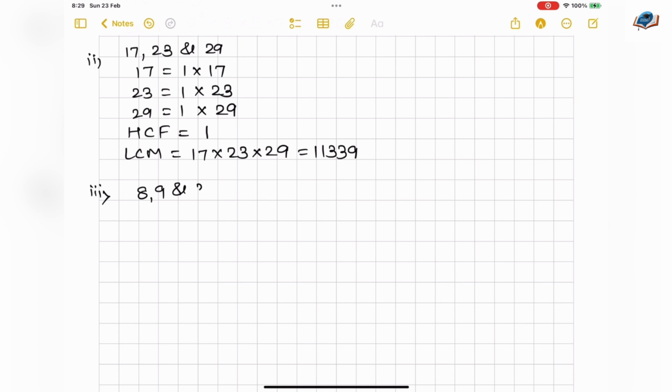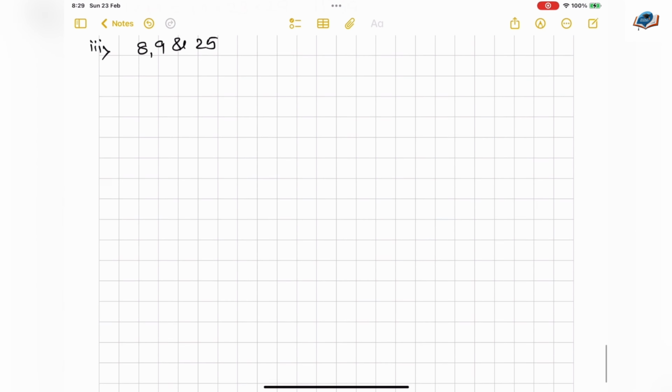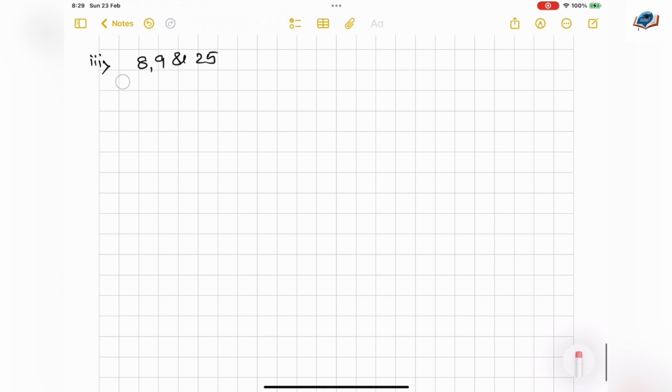The third one says 8, 9 and 25. So factors of 8 will be 2 into 2 into 2. 9 will be 3 into 3. 25 will be 5 into 5.